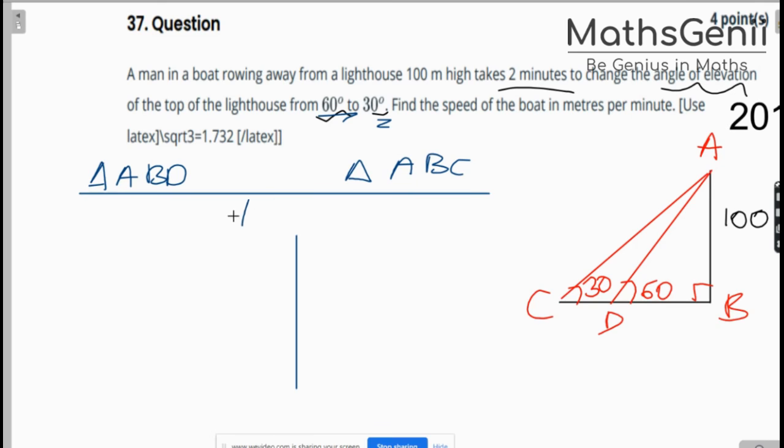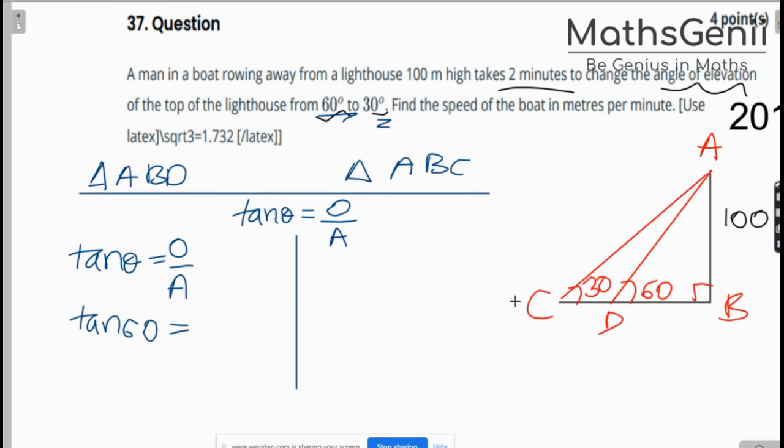The formula is tan theta is equal to O upon A. Now in triangle ABD, what is theta? Theta is 60. What is the opposite side of 60? It is 100. This is O, right opposite to theta, this is H and this is A. What is A in this case?